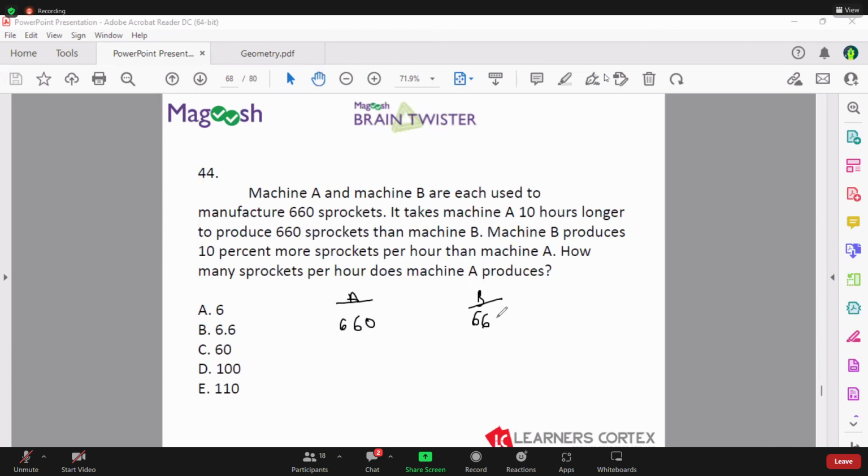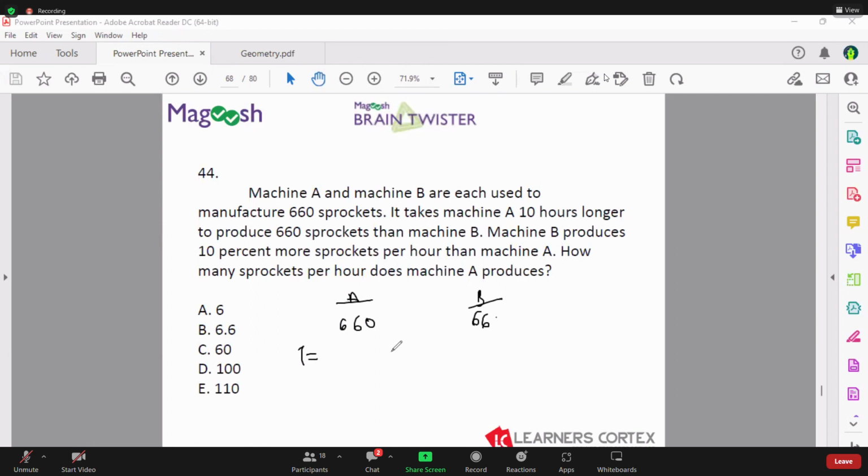Machine A takes 10 hours longer to produce 660 rockets than machine B. So if for A we have taken time x, for B it will be x minus 10, because B is working faster than A.